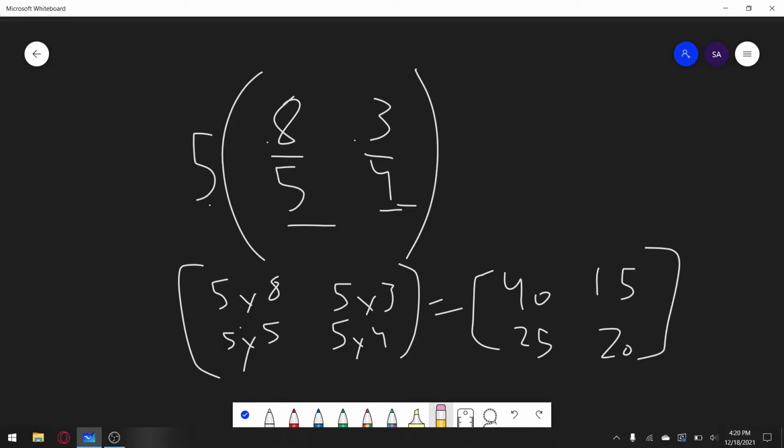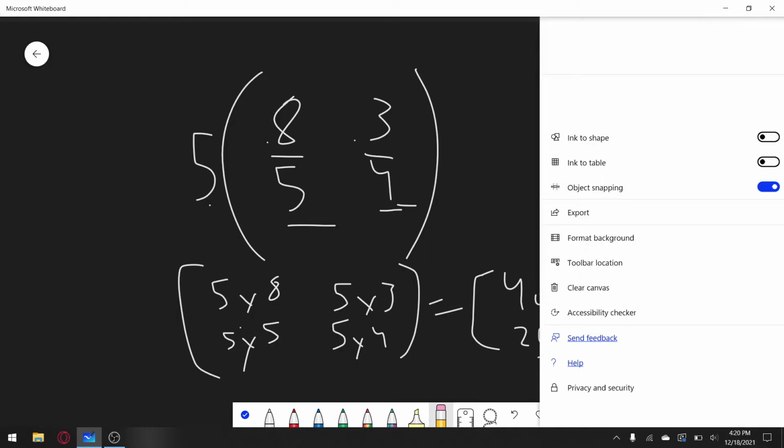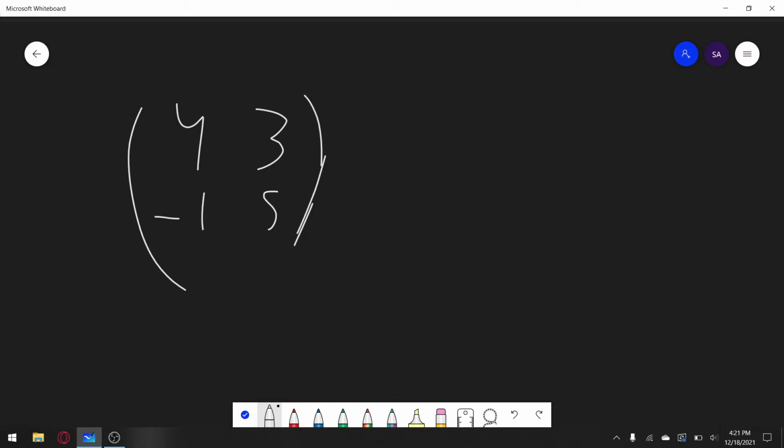So that's one type of multiplication of matrices. The other type is like this. Let's say there's a question with a matrix like this: 4, 3, minus 1, and 5, and then we have minus 2 and 6. First we count the number of rows and columns in each matrix.